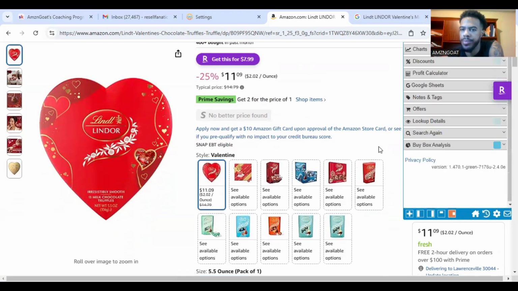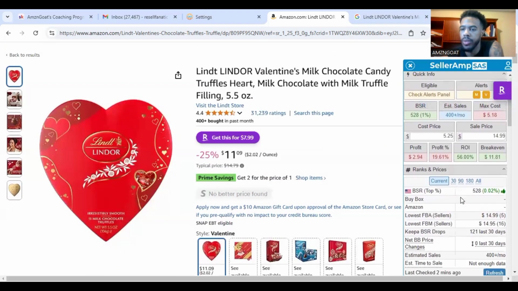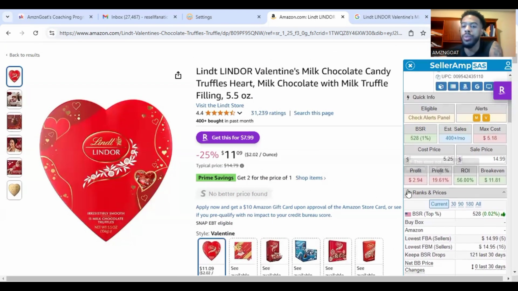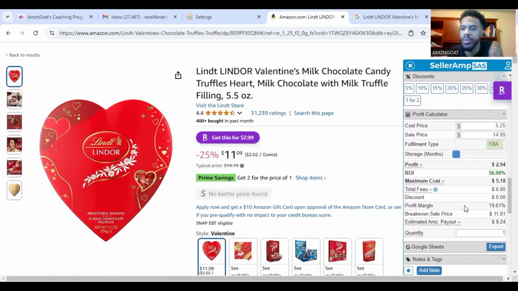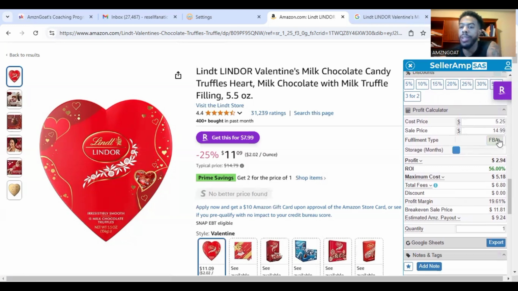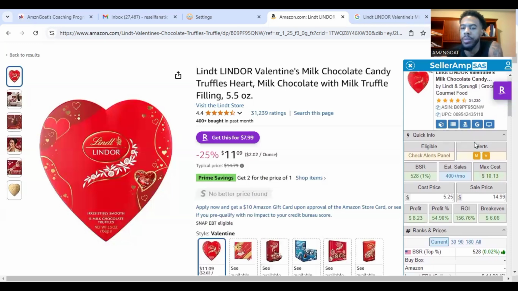Bam. All right, cool. So when you don't have your profit calculator right under the quick info, sometimes what I've seen with a lot of my mentees is they'll have FBM toggled on, and this is all that they see when they first pull up a product.